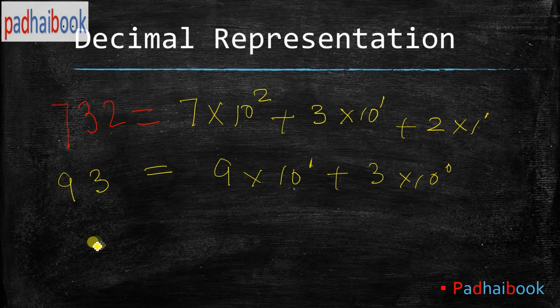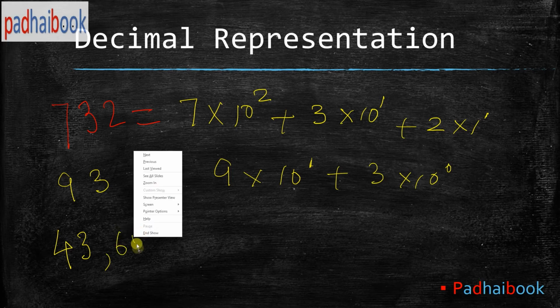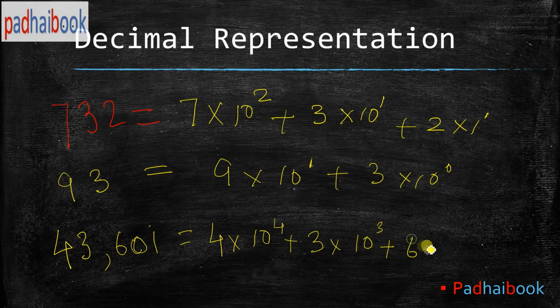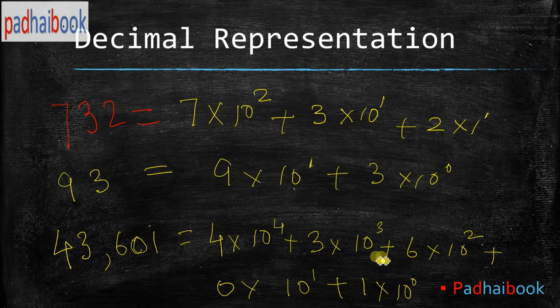Alright, let's take a bigger number. 43,601 is actually 4 into 10 to the power 4 plus 3 into 10 to the power 3 plus 6 into 10 to the power 2 plus 0 into 10 to the power 1 plus 1 into 10 to the power 0. This is how you usually represent numbers in decimal.